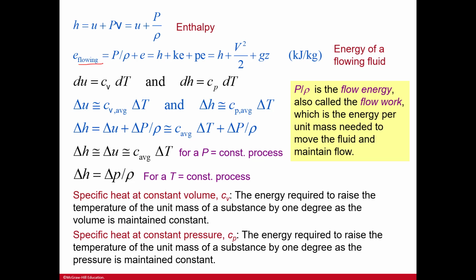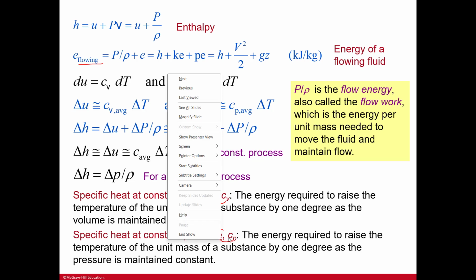So constant is the C, and then V is for volume. So remember the mass is not changing. In a moment, we're going to do the same for constant pressure as well.